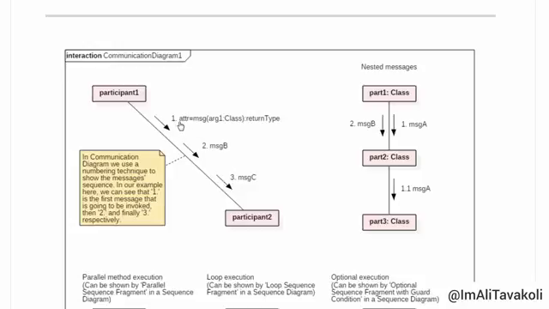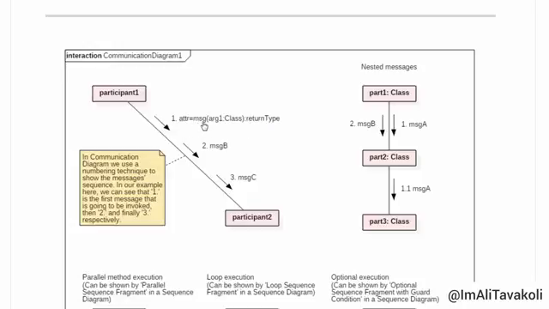And this is our message signature, actually. For all of the messages we can write detailed information about them, which we call the message signature. We can write the variable which is going to store the returned value of the method.